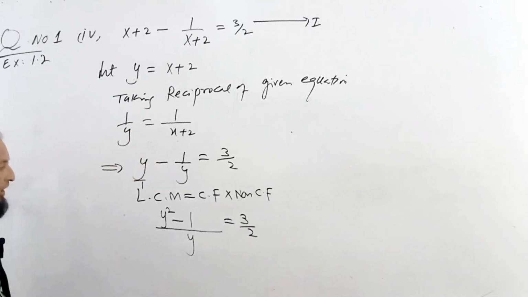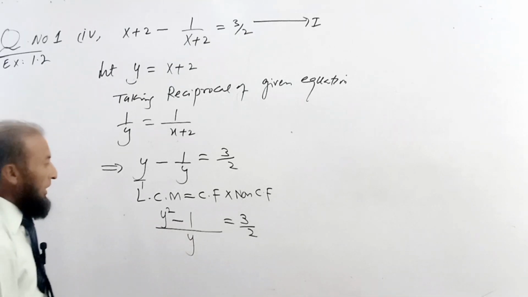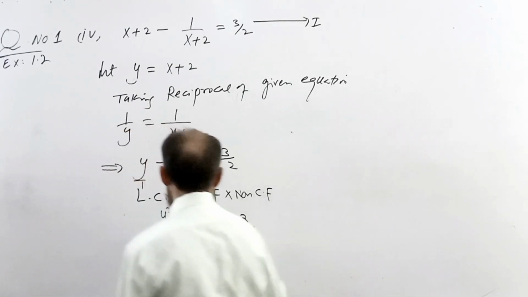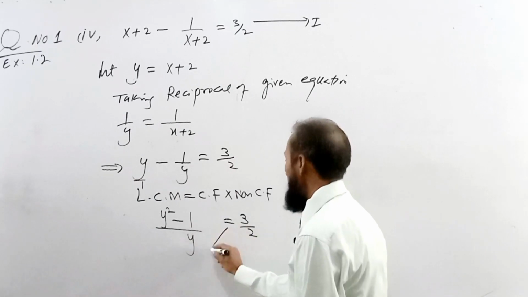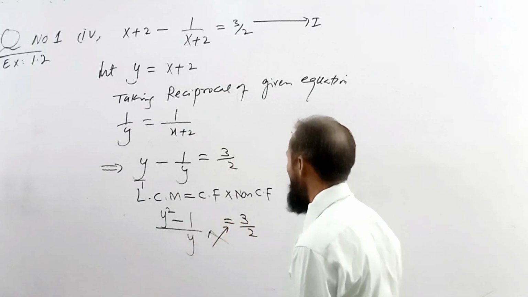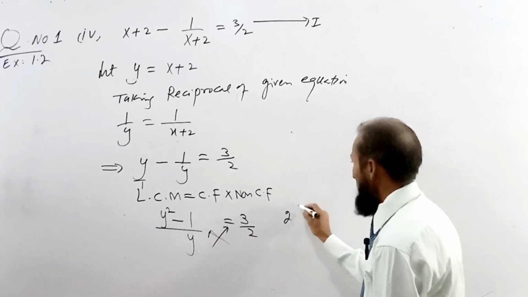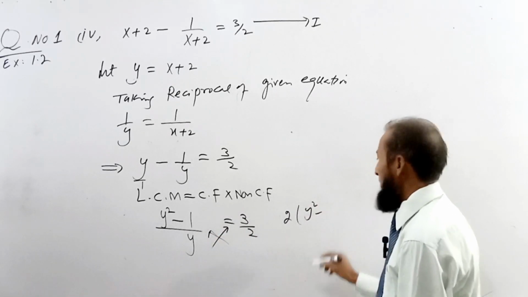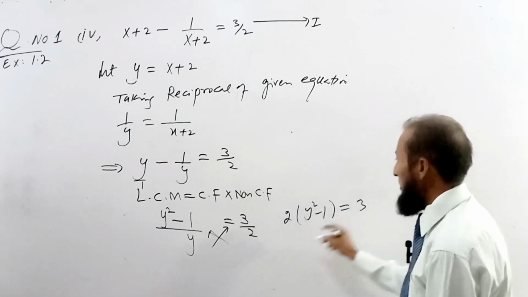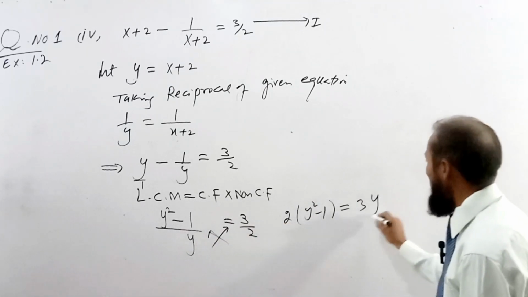Now we try to finish this value. We are required by cross multiplication method. By cross multiplication method here we can use, here 2 is multiplied to the left side and on the right side we multiply 3y.